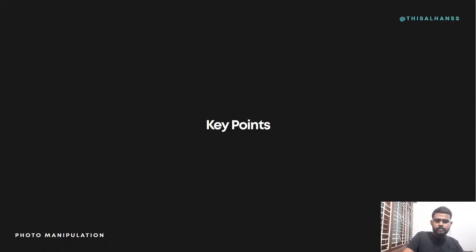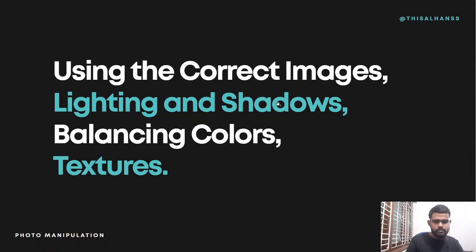So those key points are using the correct images, lighting and shadows, balancing the colors, and textures. I'm telling you, you have to keep these 4 points in your mind. I'll explain each of them in detail when I'm doing the tutorial, showing exactly how you can do it. But just to have an overview of those 4 points, I'll go from the top.